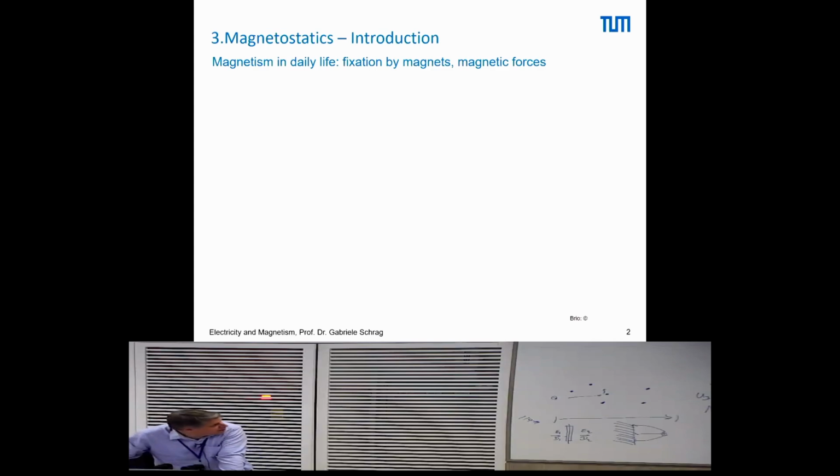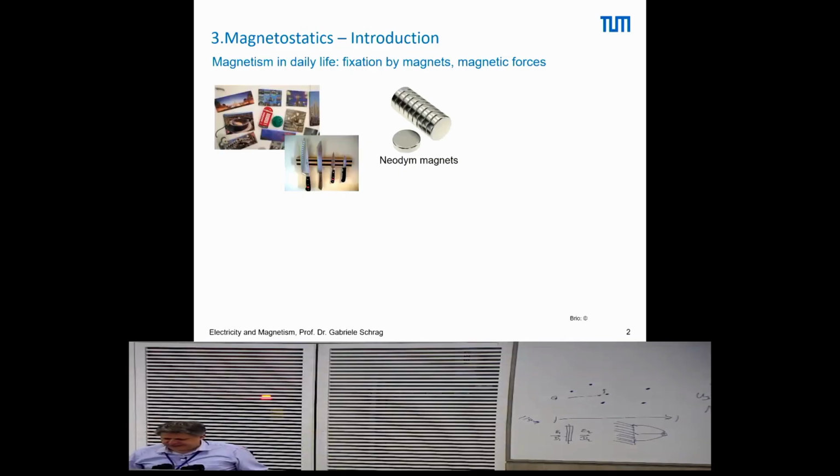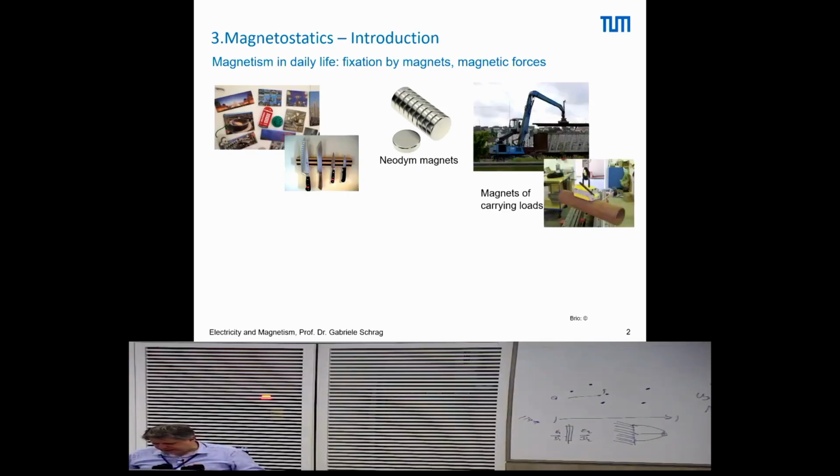So there are quite a few examples where we encounter magnetism in daily life, and that you're all familiar with. That could be, for example, just some magnets which we use to stick something on the board or hold some tools in place. But you also have this scenario in a more industrial setup where you use strong magnets to carry loads.